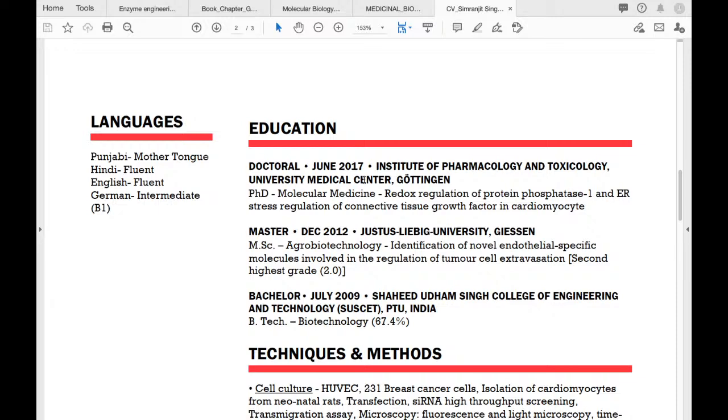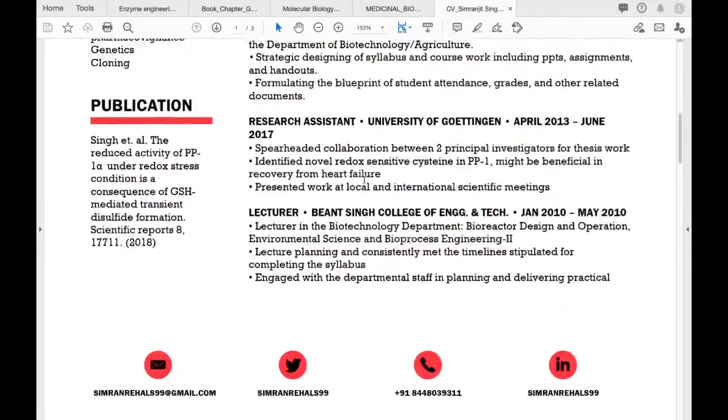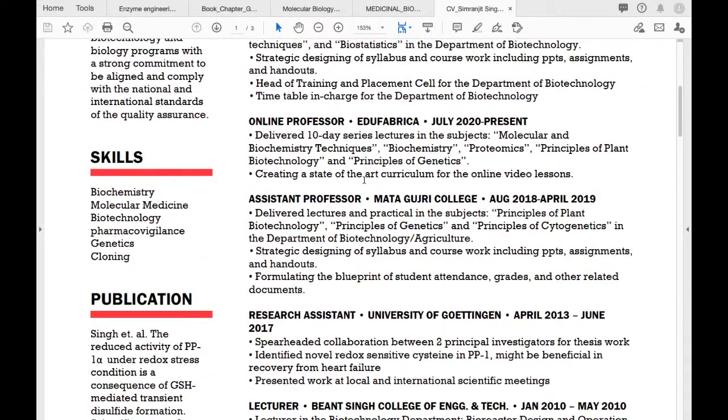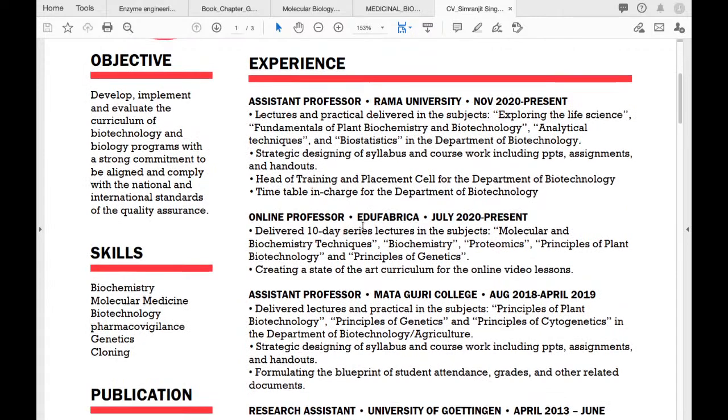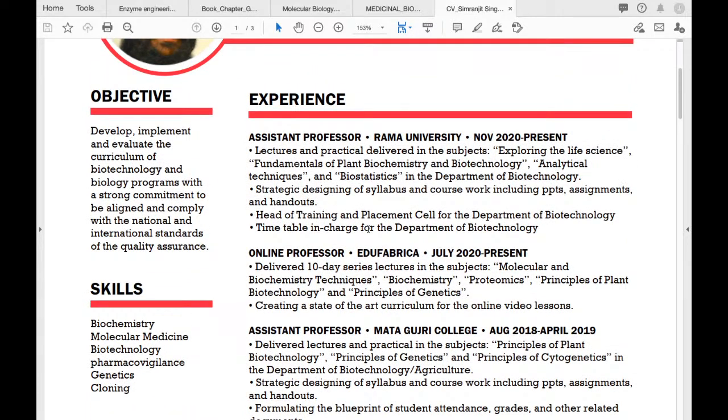my PhD topic was under molecular medicine: redox regulation of protein phosphatases, and ER stress regulation of CTGF in cardiomyocytes. Then, after successfully finishing my PhD in Germany, I came back to India and joined as an AP at Mata Gujari College in 2018 till 19, where I was teaching various subjects of biotechnology, creating syllabus and coursework. Then I joined Edufabrica in July 2020 during the lockdown, and we designed many courses like this.